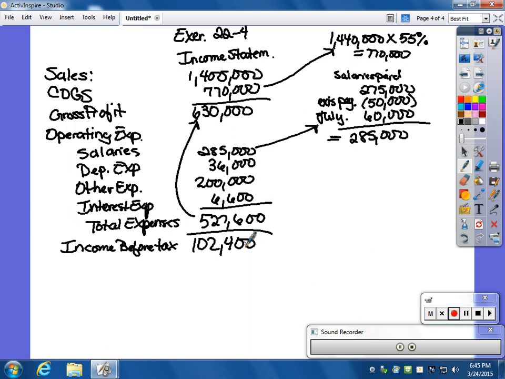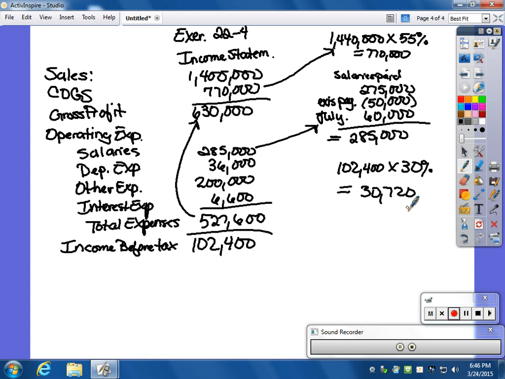Now we have to calculate the income tax expense, and the only way we're going to do that is with the rate they gave you, 30%. So if 102,400 was the income before tax, and we multiply that by 30%, we get 30,720. You already had it given, but I'm showing you because you may have a question later on that will not just give it to you, which is fine.